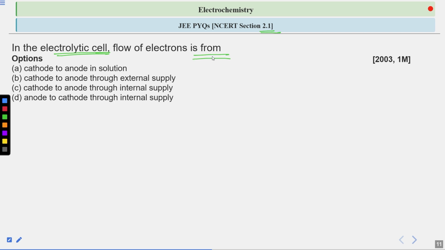So as per the given options, you have to choose the one which is describing the correct flow of electrons in the electrolytic cell. The four options are cathode to the anode in the solution, cathode to anode through the external supply, cathode to anode through internal supply, or anode to the cathode through the internal supply.